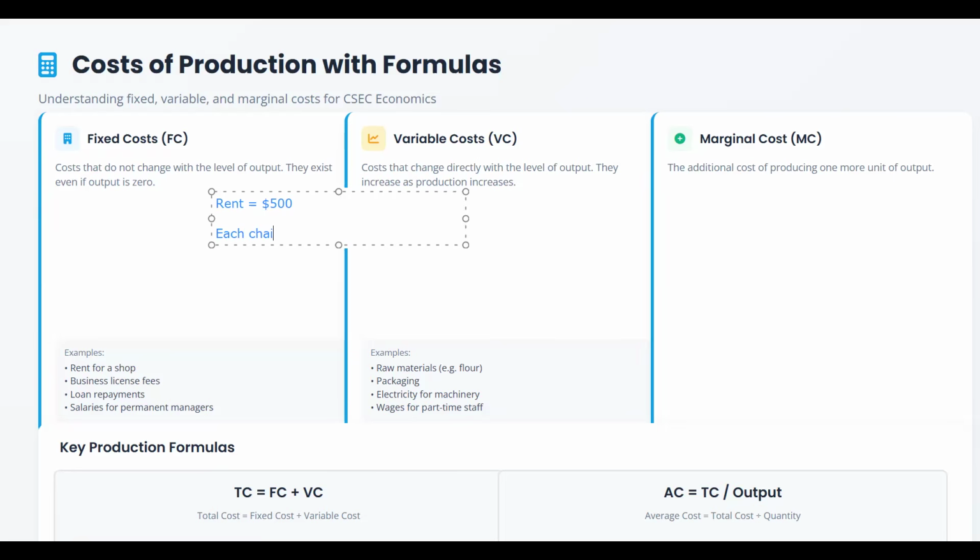Each chair costs $20 in labor and wood to make. What is my total cost if I make 10 chairs?